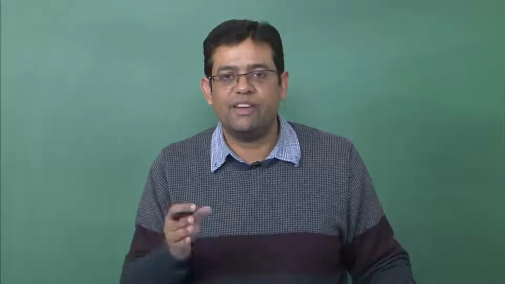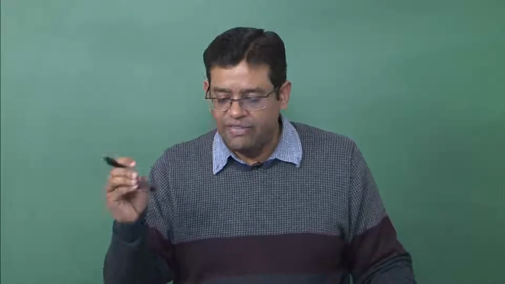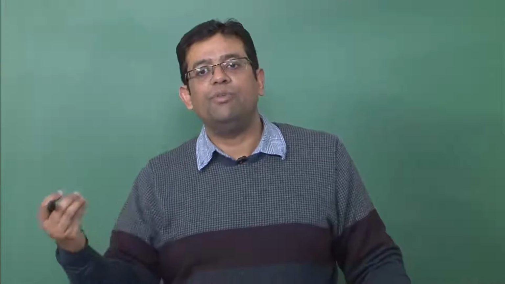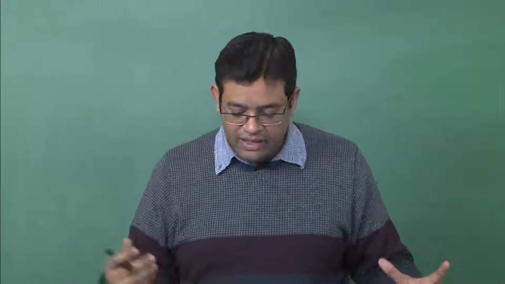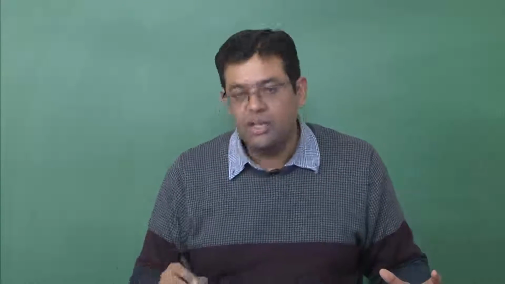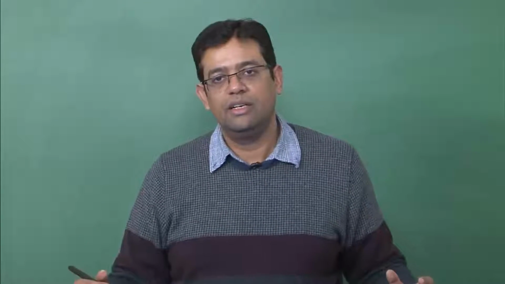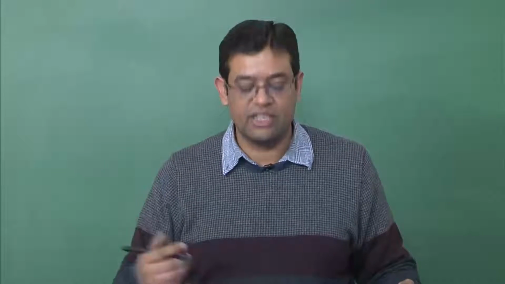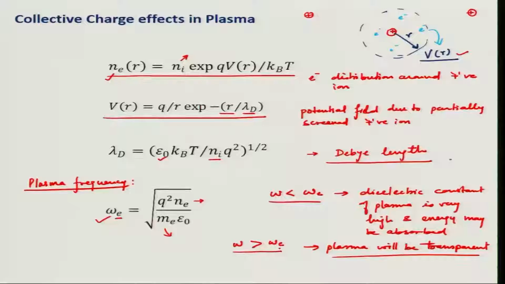If you change the voltage very frequently, very fast, then the electron will not have time to respond to it, and in effect this plasma will be transparent, or it will not see that field or signal or radiation of a frequency higher than the plasma frequency. So, this is also an important part, and we will discuss this in detail later.